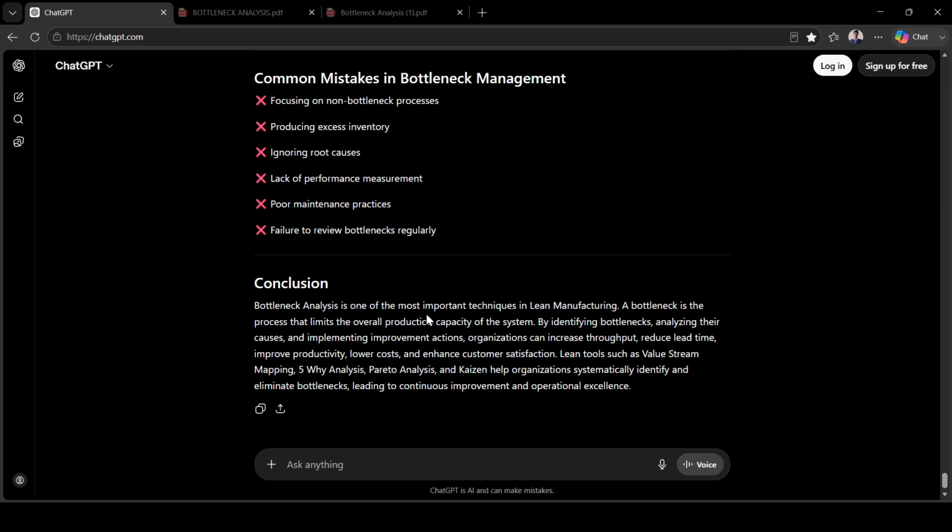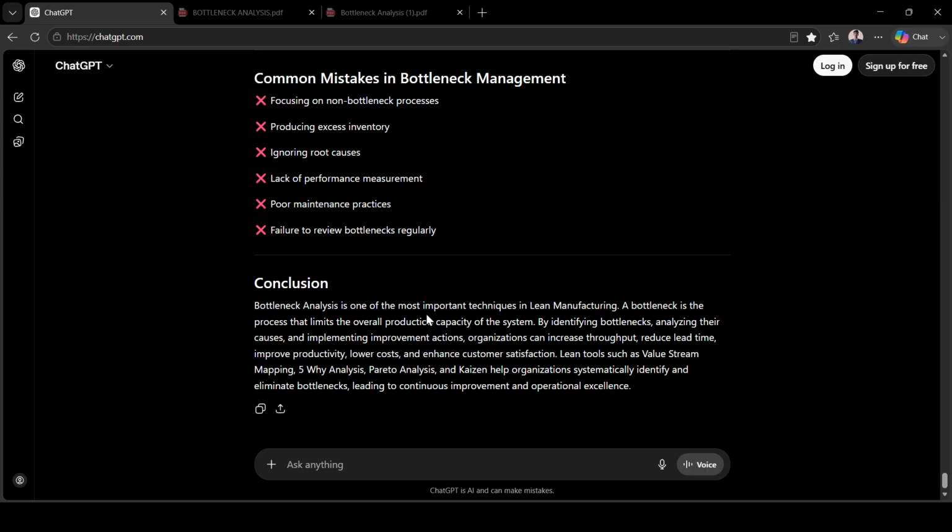Bottleneck analysis is one of the most important techniques in lean manufacturing. A bottleneck is the process that limits the overall production capacity of the system. By identifying bottlenecks, analyzing their causes, and implementing improvement actions, an organization can increase throughput, reduce lead time, improve productivity, lower cost, and enhance customer satisfaction.